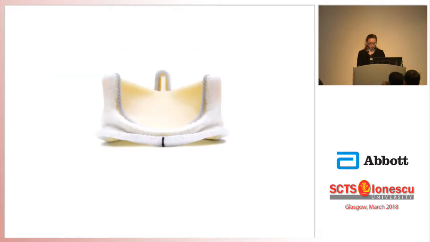So the rationale for development of new bioprostheses, like here the Trifecta. I wanted to emphasize the fact that there is a supra-annular implantation, and the three-leaflet pericardial sheath is mounted externally on a titanium stent and a small sewing ring.